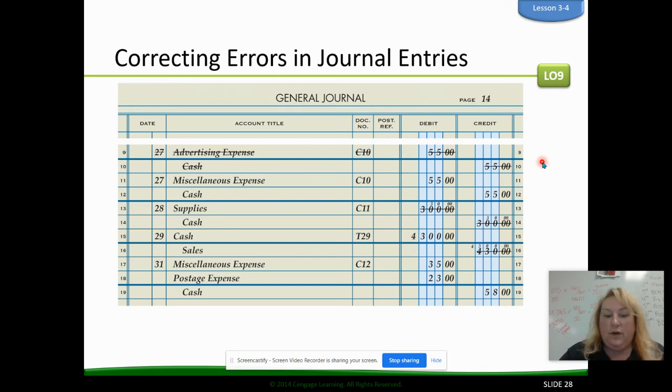So we spent $35 on miscellaneous stuff. We bought some postage for $23, and we wrote the check number 12 for $58. So it's okay if we list out multiple things as long as our debits equal our credits. So notice if we make a mistake, we just single line through it and fix it above.